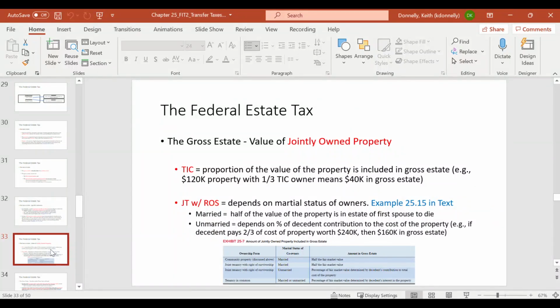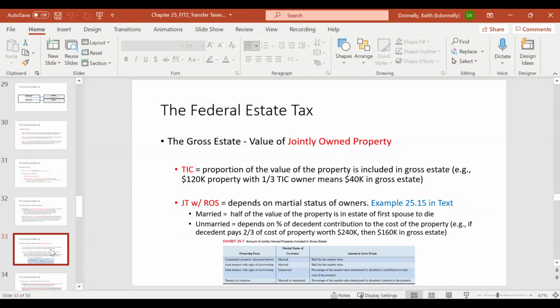When we're measuring these automatic transfers that are part of the gross estate, if we have tenants in common, the proportion of the value of the property is included in the gross estate. So let's just say we have 3 individuals, A, B, and C, who are equally 1/3 tenants in common.